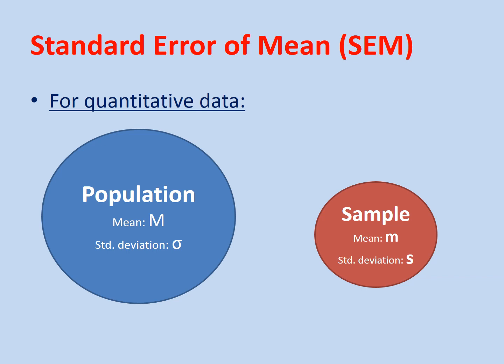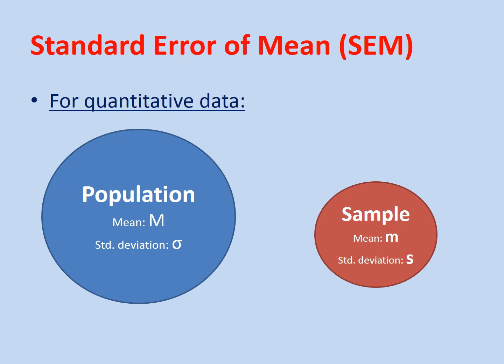As I told you, standard error of mean is useful for quantitative data. Quantitative data means data that has some unit. Examples are your height, your weight, or hemoglobin count, anything that is measurable and has a unit. If you want to measure the sampling variation for such quantitative data, the standard error of mean is useful.